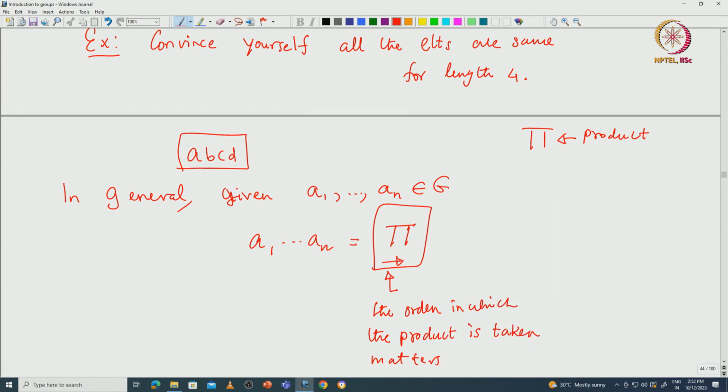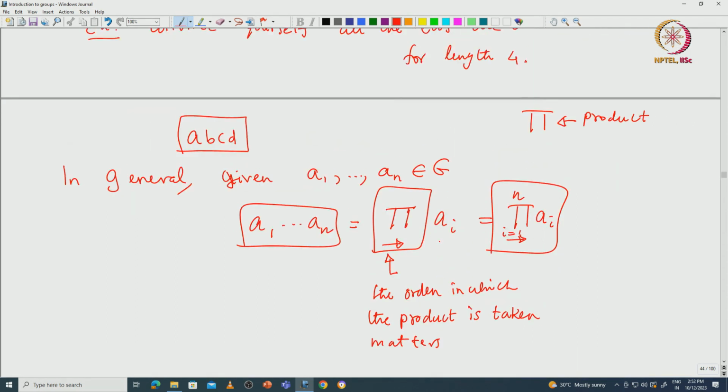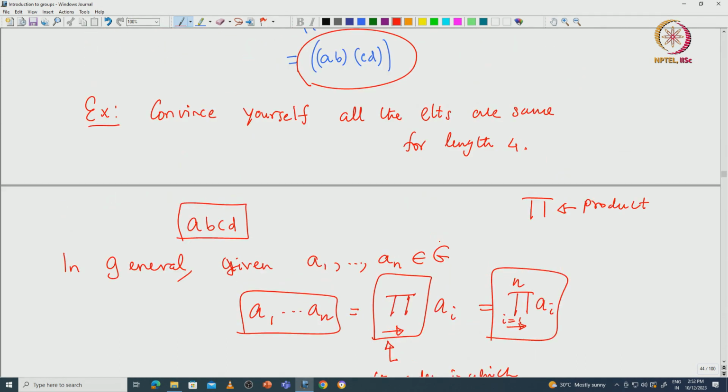Then you can say this is just the product of AI, arranged from 1 to n. Either you denote it by this or by this, not a problem. This is what associativity actually guarantees us.